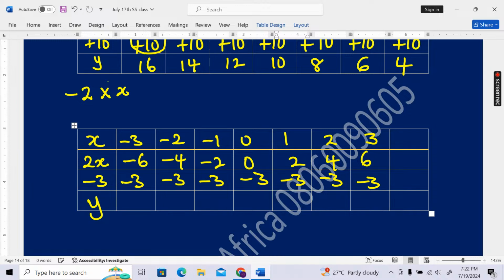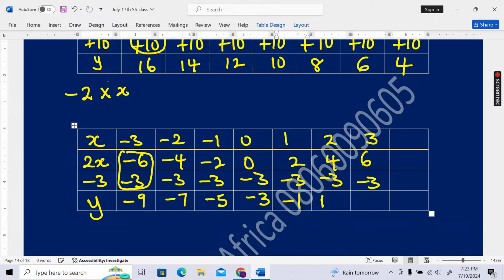Then what will be the value of y? We're going to add the numbers together. So minus 6 minus 3, that's minus 9. Minus 4 minus 3, minus 7. Minus 2 minus 3, that is minus 5. 0 minus 3, we have minus 3. 2 minus 3, that's minus 1. 4 minus 3, that is 1.